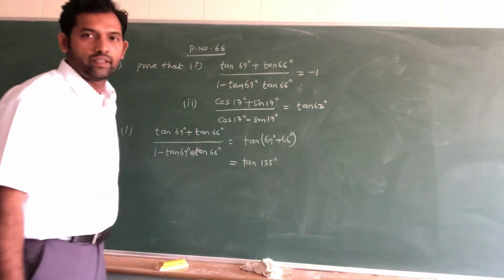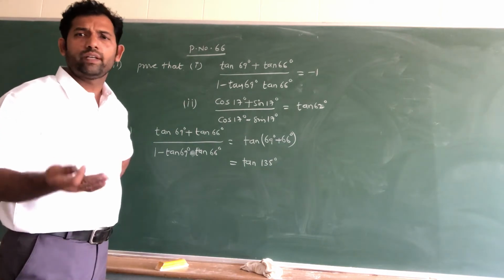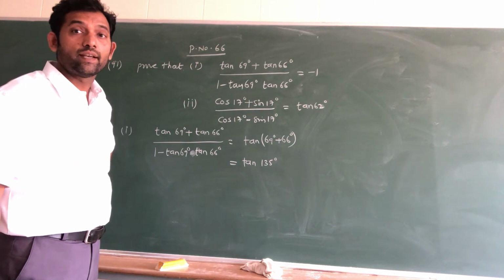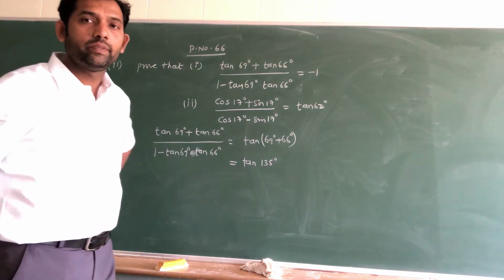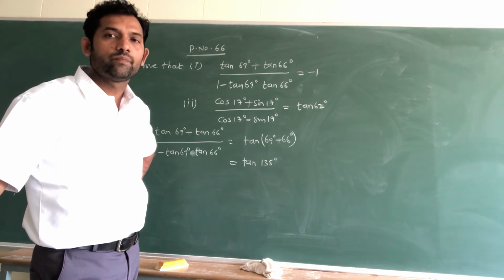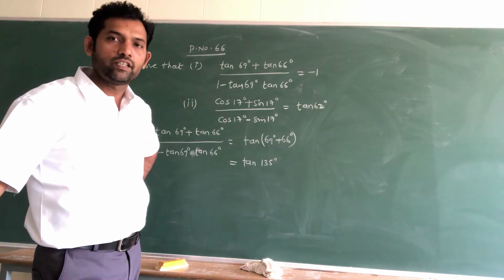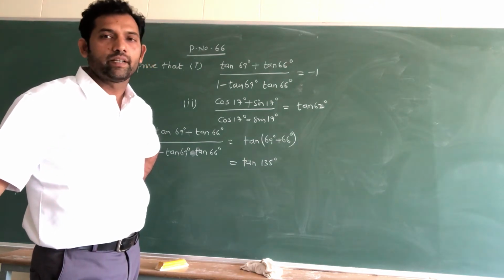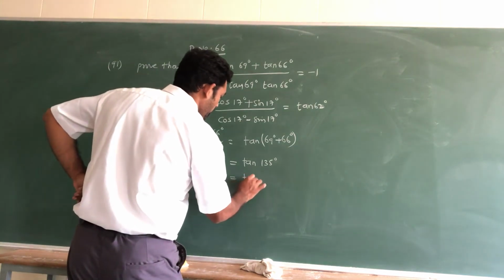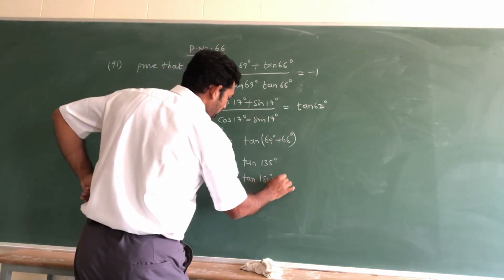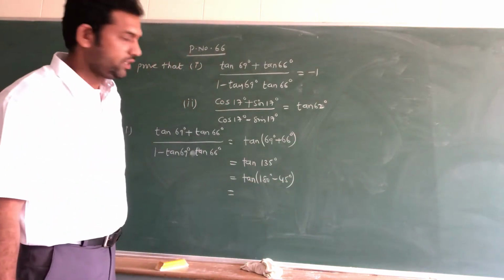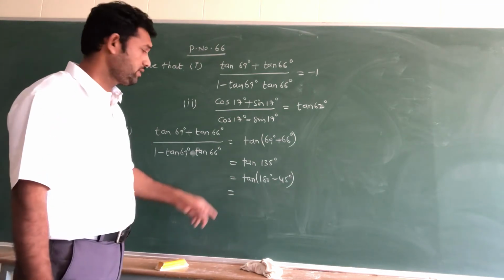We don't have a direct value for tan 135, so you write it using allied angles. 135 degrees is an angle in the second quadrant. In the second quadrant, the allied angles are 90 plus theta and 180 minus theta. You can use any one, so I am using tan of 180 degrees minus 45 degrees.